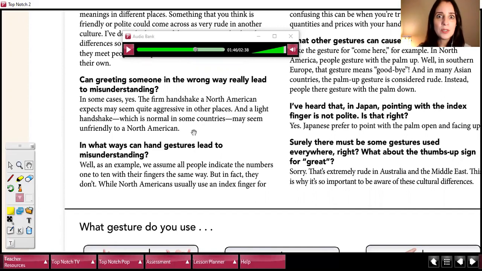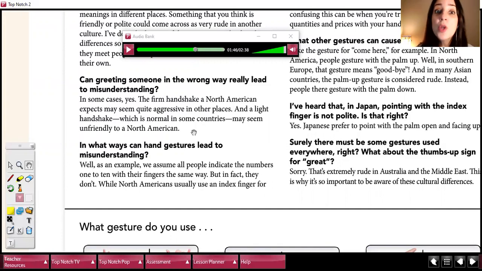Então, é um false friend, ok? A gente acha, né? A gente tende a pensar que. So we assume. Então, não confundir com assumir, tá? We assume all people indicate the numbers 1 to 10 with their fingers the same way. Então, indicando os numerais aí com os dedos da mesma forma, né?